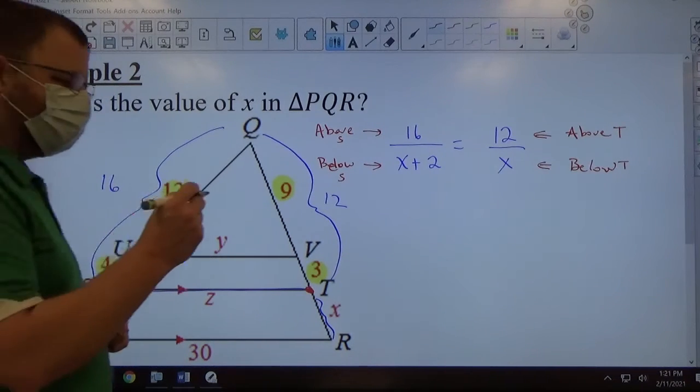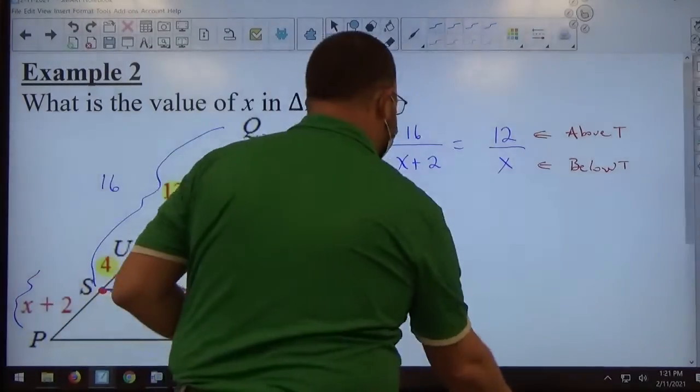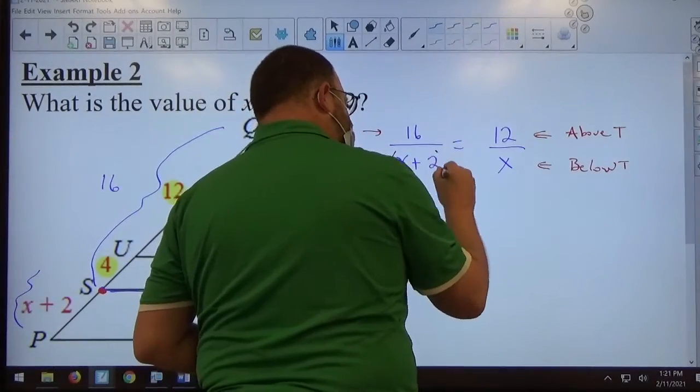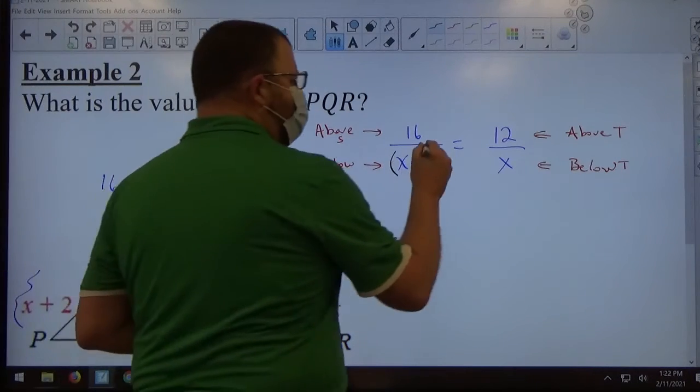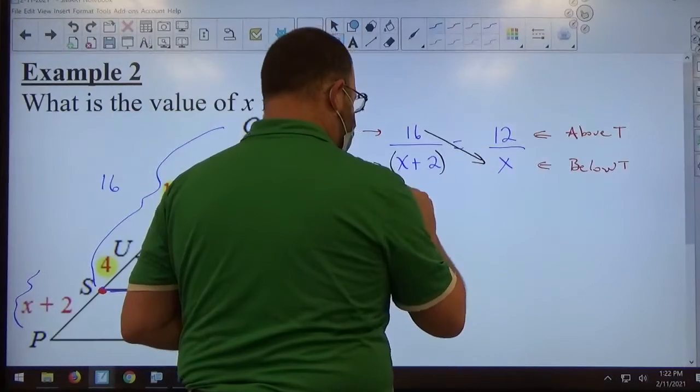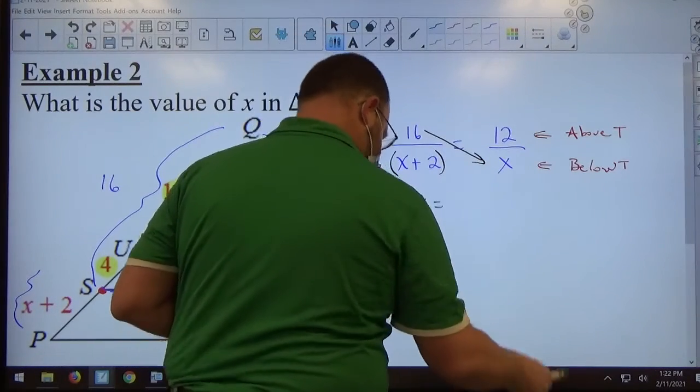Once I get to this point, something happens a lot, more and more often as we continue on in the book. We're going to have a binomial structure in this proportion. When I cross multiply, I have to cross multiply following the rules of algebra. So when I multiply this product, 16 times x, nothing weird happens there, 16 times x.